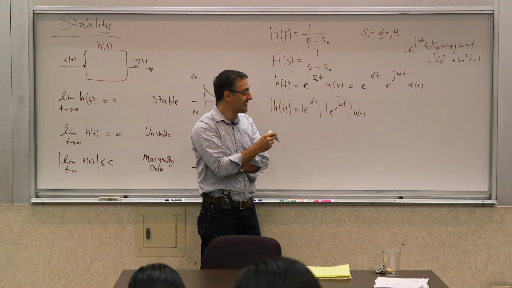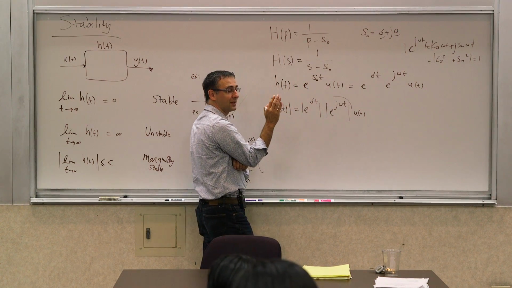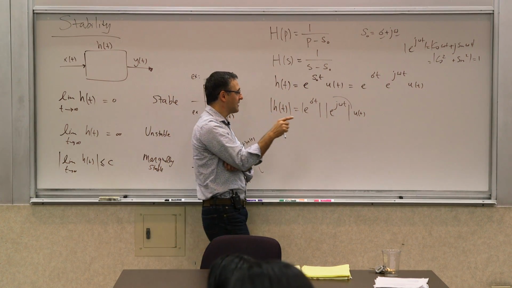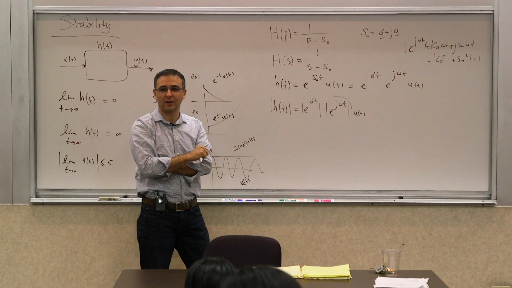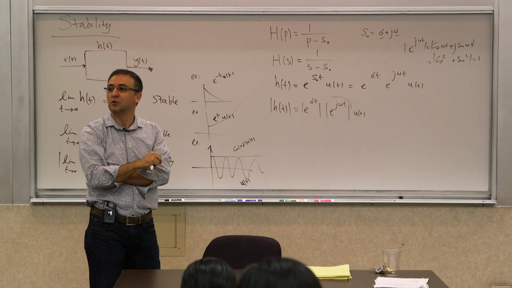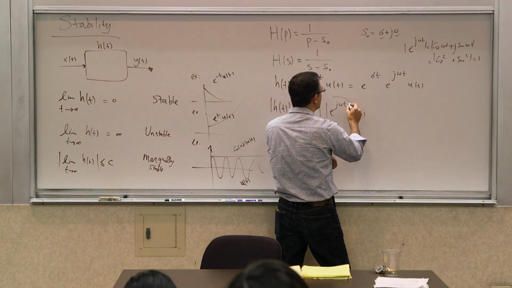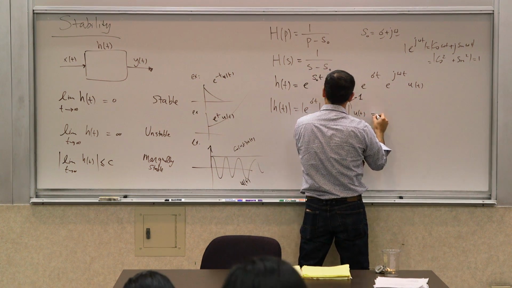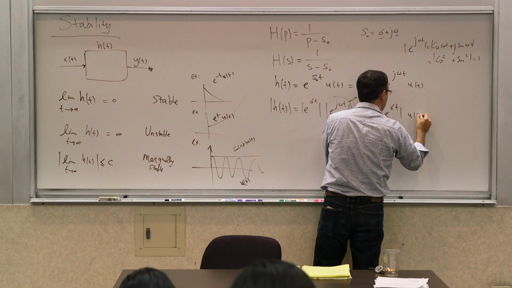So if you have a complex quantity and you are looking at it in polar coordinates, its angle is captured here and R is captured in this one. We'll use this extensively later on. But okay, so this is 1. So it's basically e to the sigma t u of t.